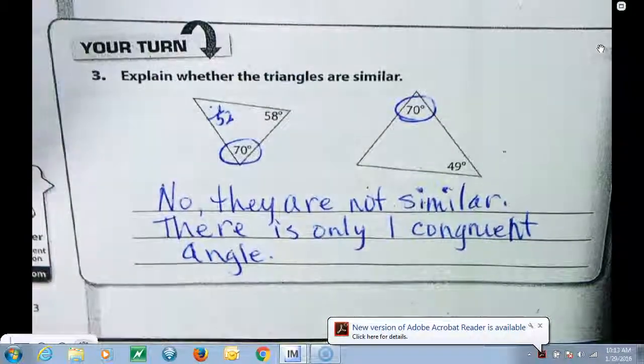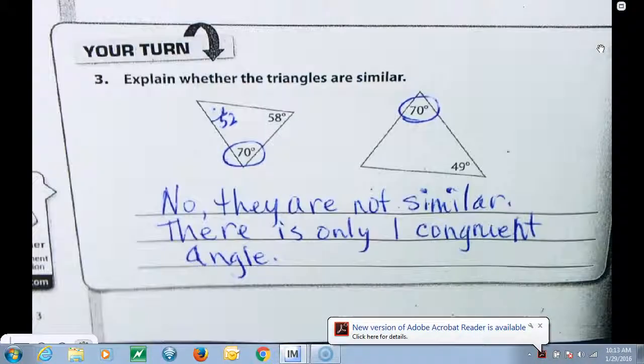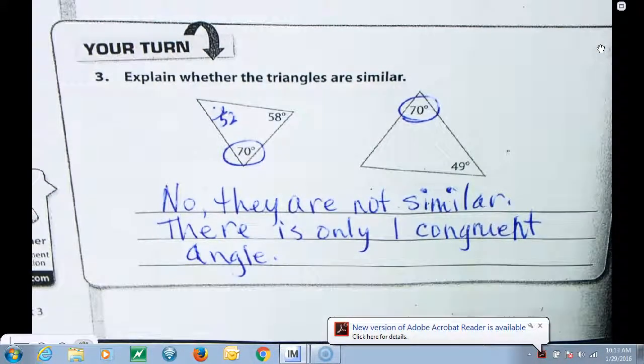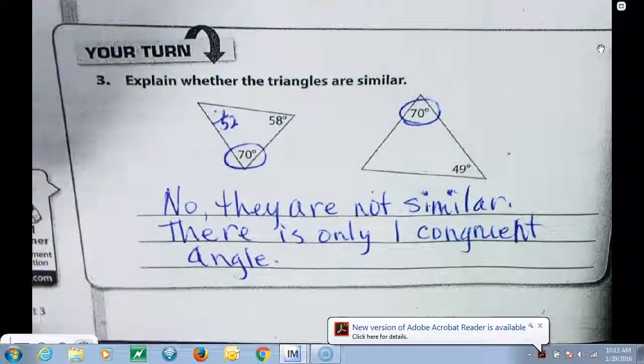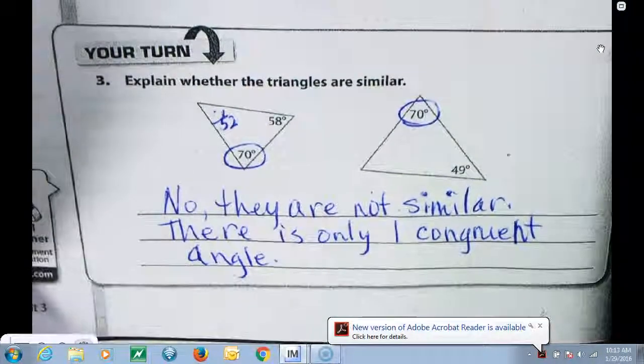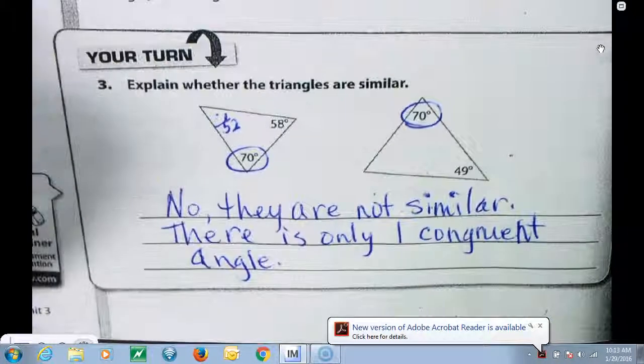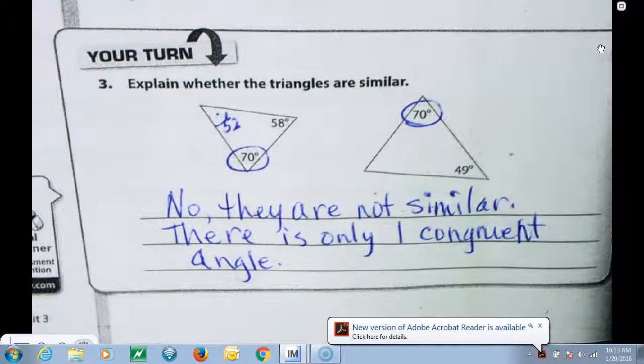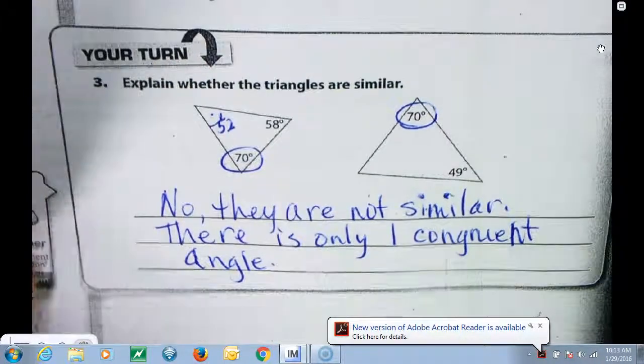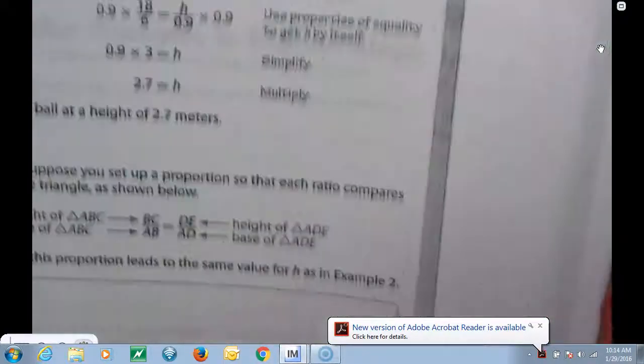The 70s. There has to be two. At least two. If there's at least two, then you know there's three. So that means they're similar. Okay, turn the page. Let's work on the proportional part of it.